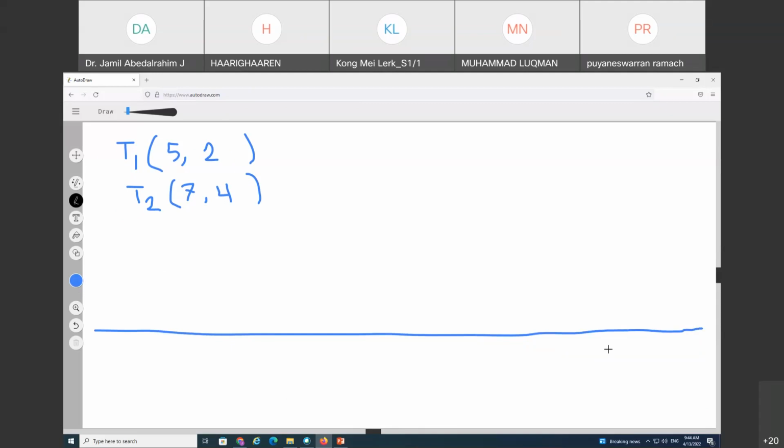The hyper period, anyone? Try to find the least common multiple. I already taught you how to find the least common multiple. 35, sir. 35, exactly. So the timing diagram will be from 0 until 35.